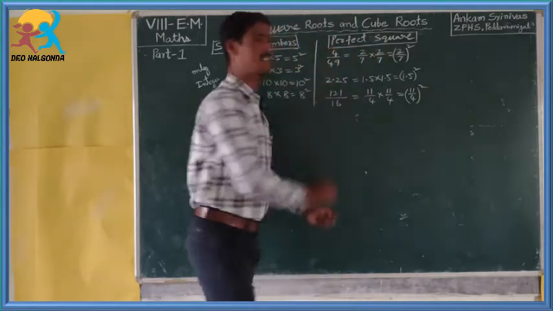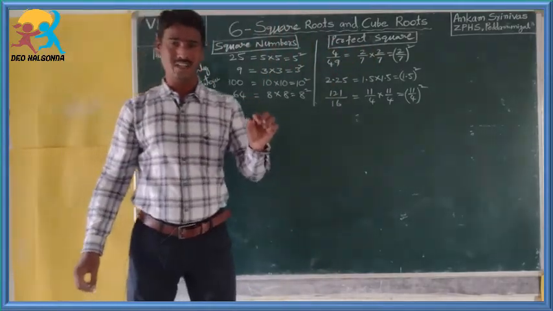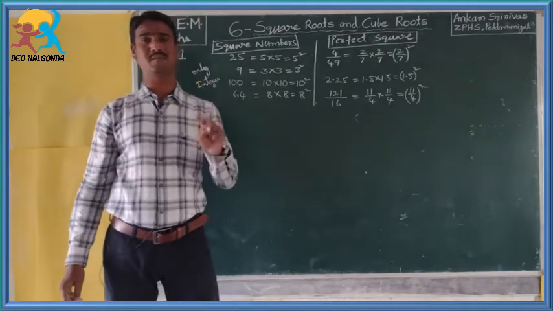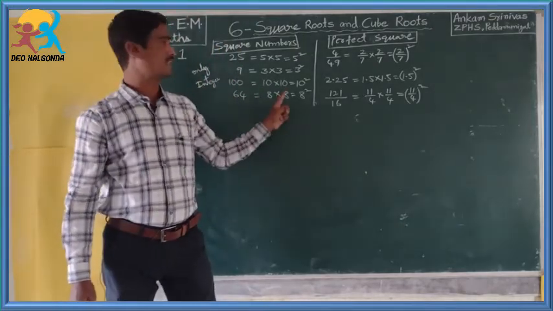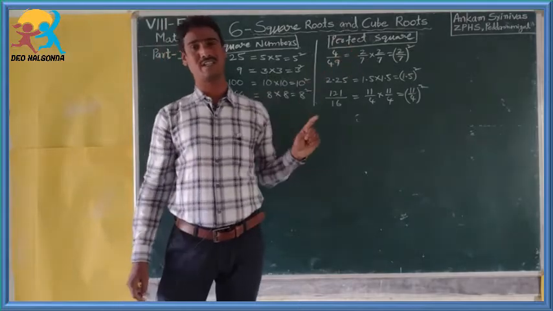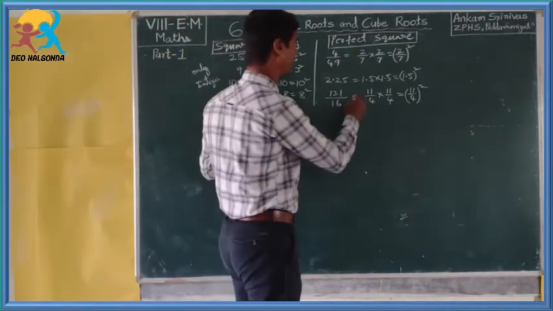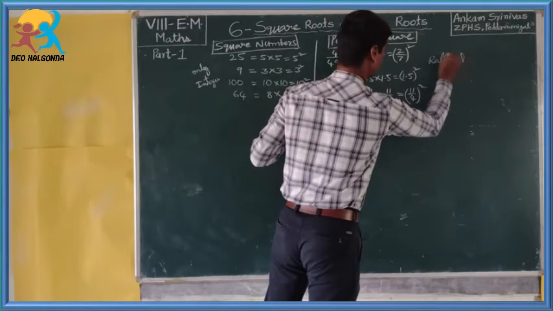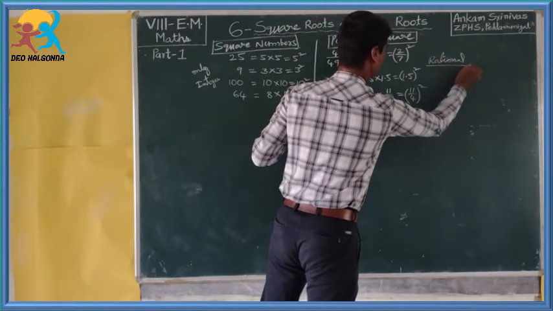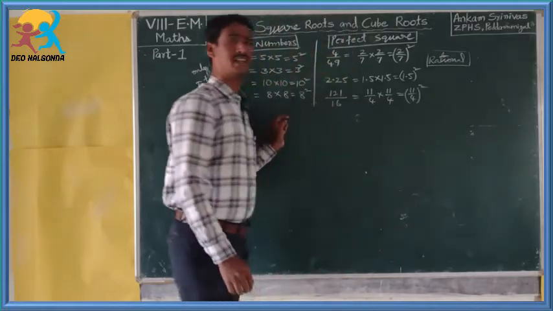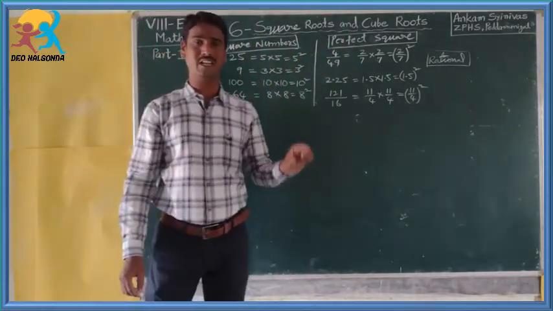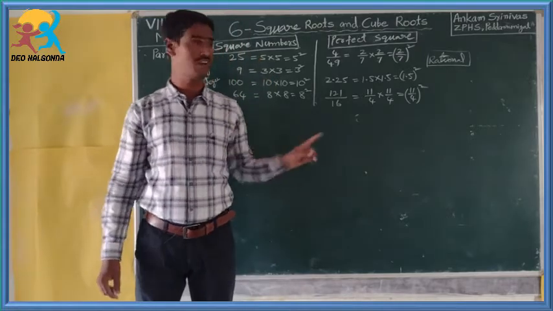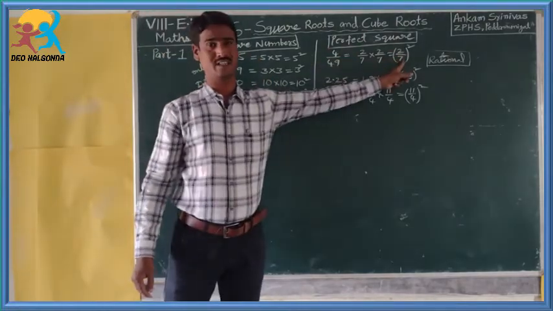What is the meaning of perfect square? A rational number which can be written as the product of two same numbers is called a perfect square.